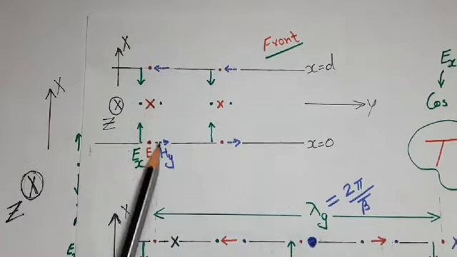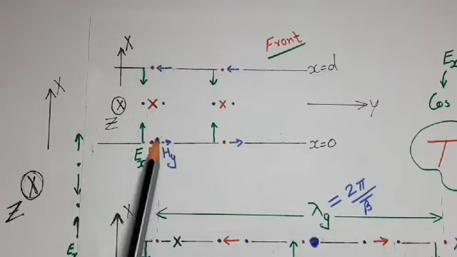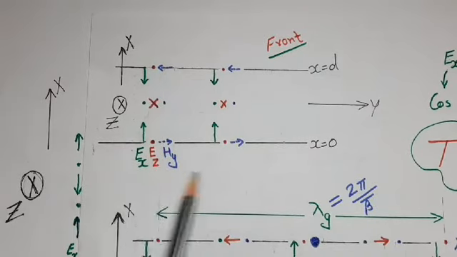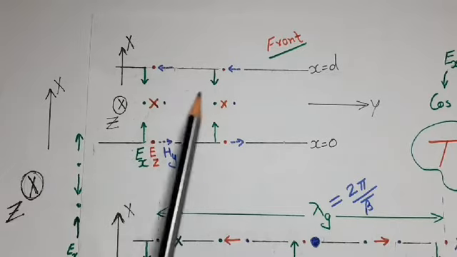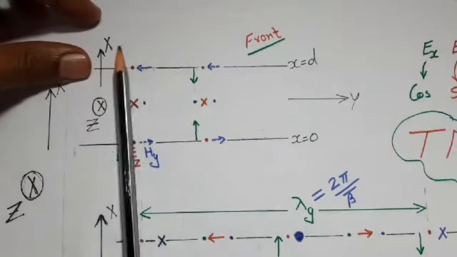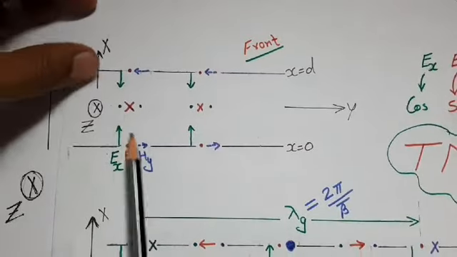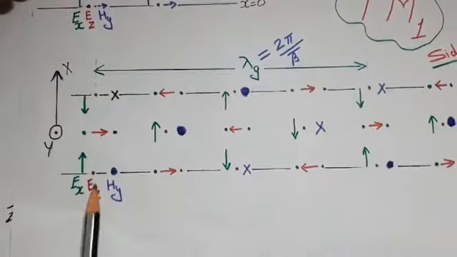Hy is in the y direction, so the arrow direction is shown in the y direction. Now because there is no field variation in the y direction, this pattern will repeat itself in the y direction again and again.